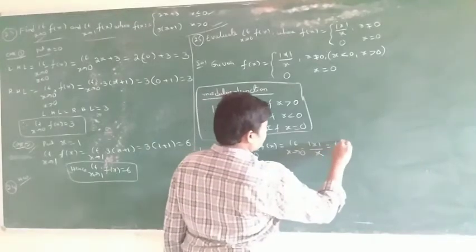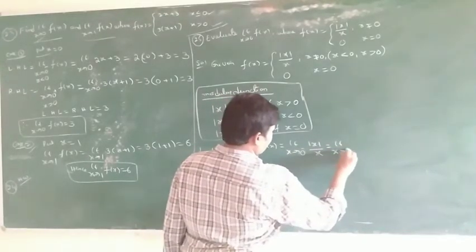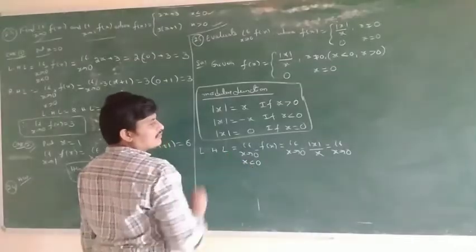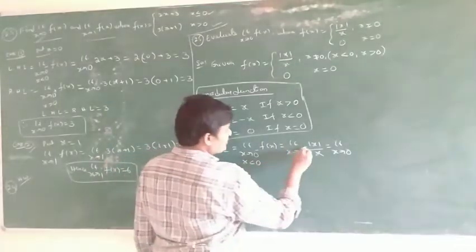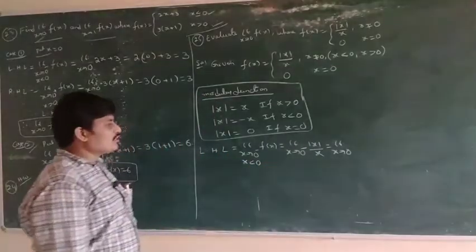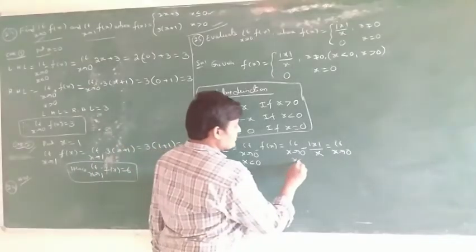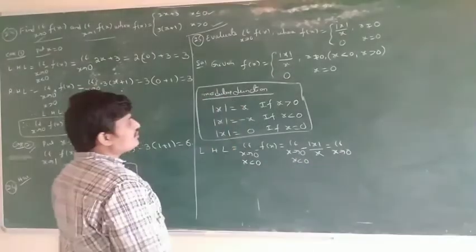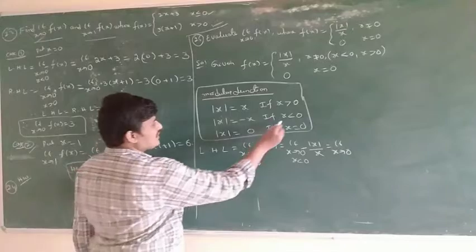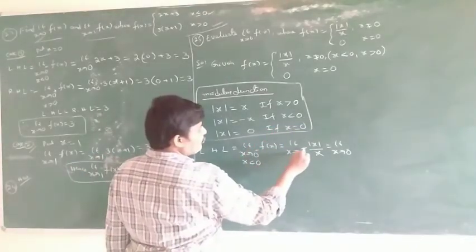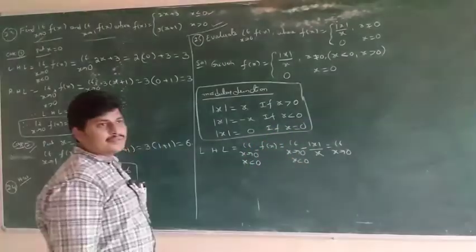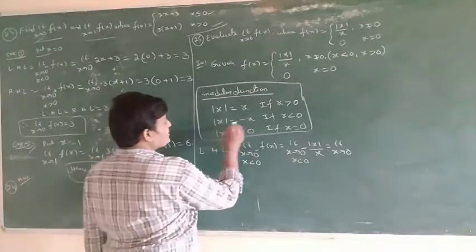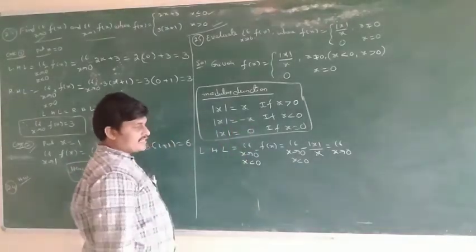So here x less than 0. 0 minus means x less than 0. For x less than 0, what is mod x? Mod x is equal to minus x.